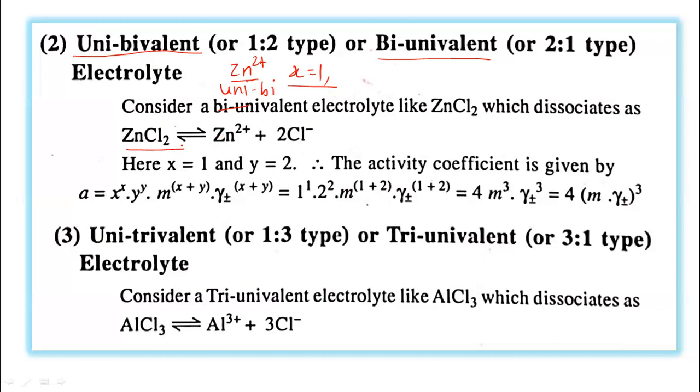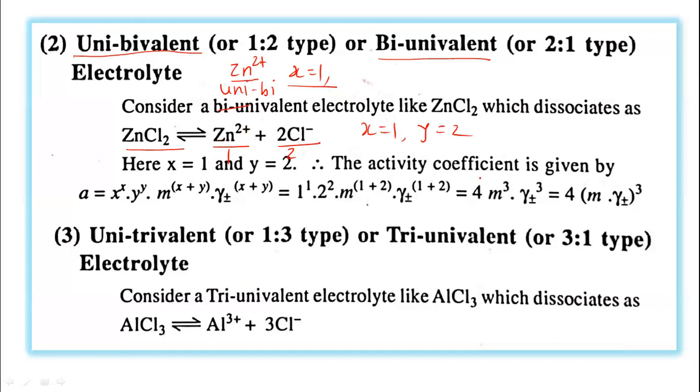Zinc chloride undergoes dissociation as Zn2 plus and 2Cl minus. So the number of cations is 1 and the number of anions is 2, and the valency of the cation is 2. In this case, x equal to 1 and y equal to 2.